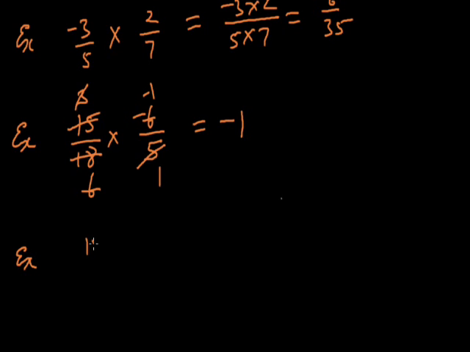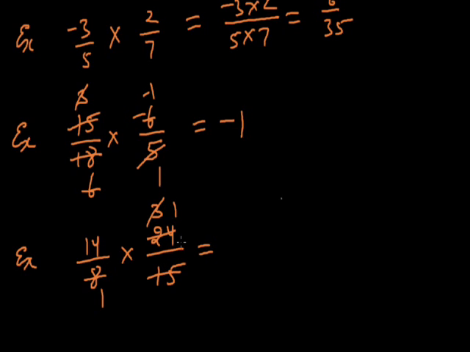Let's take one more example. Let's say I have 14 by 8 multiplied with 24 by 15. Now if I have to multiply these two, again I have to cancel common factors. So 8 and 24 get cancelled. 8 once is 8 and 8 three times is 24, and 3 and 15 are also cancelled with 3.